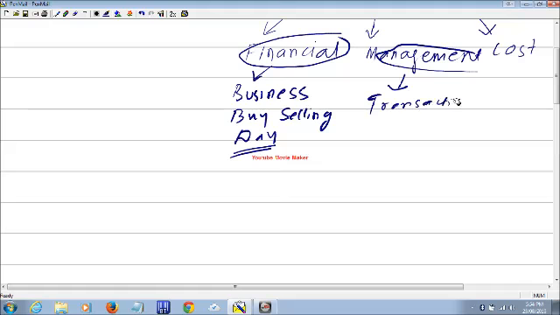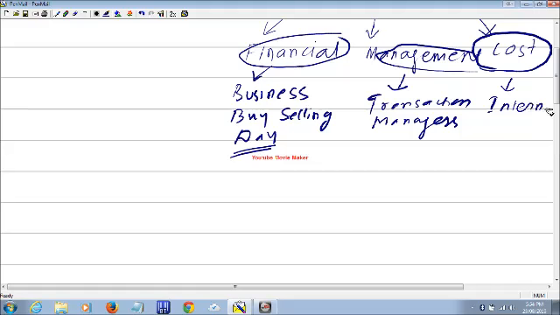In management accounting, we have the transactions which are required only by the management team, that is by the managers. And third is related to cost accounting.